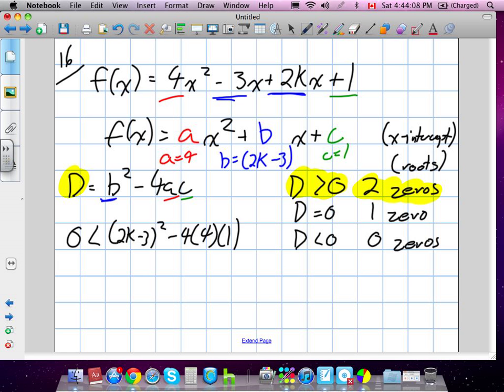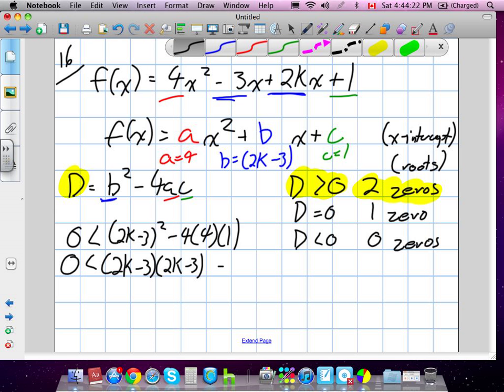Okay? 0 is less than. This is very similar to what we were doing before, 2k minus 3 times 2k minus 3. It's distributive property again. They really want you to know your distributive property for these things. And negative 4 times 4 is negative 16 times 1 is negative 16. Okay, so that's kind of left on the outside.